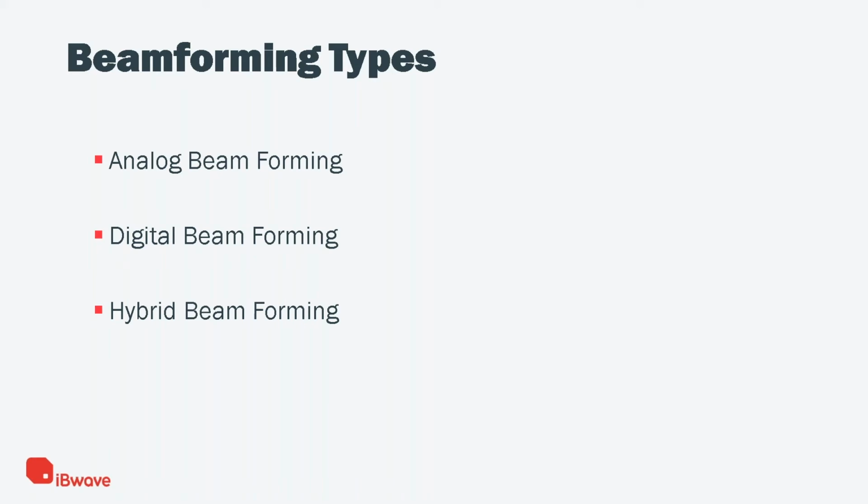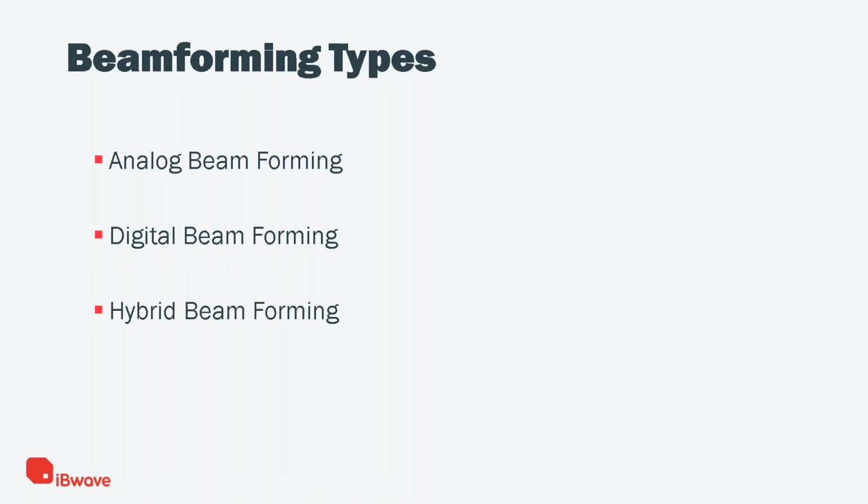You can also implement one part of these weighting factors in the digital domain and apply another part in the analog domain. In this case, you will have what is called hybrid beamforming. So it is a combination of some analog and some digital implementation of beamforming.